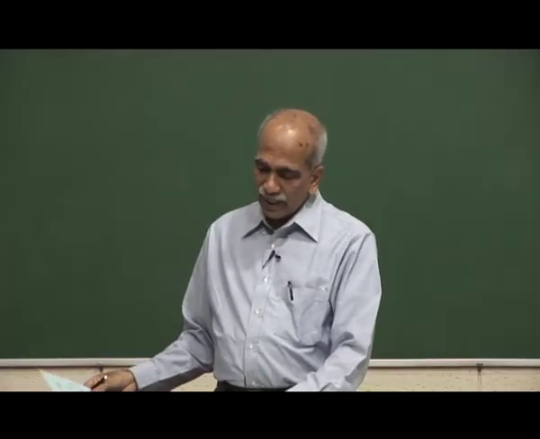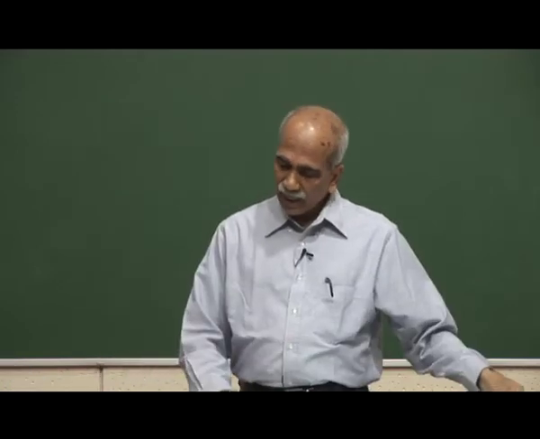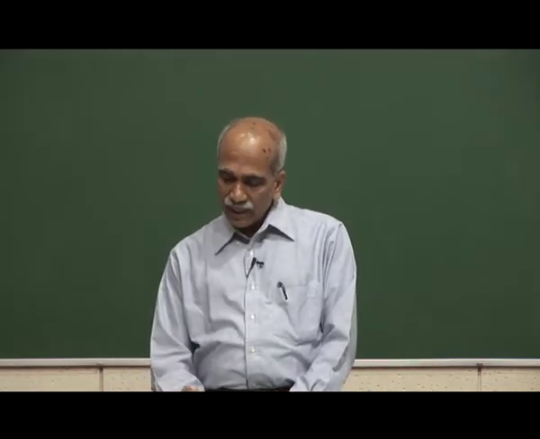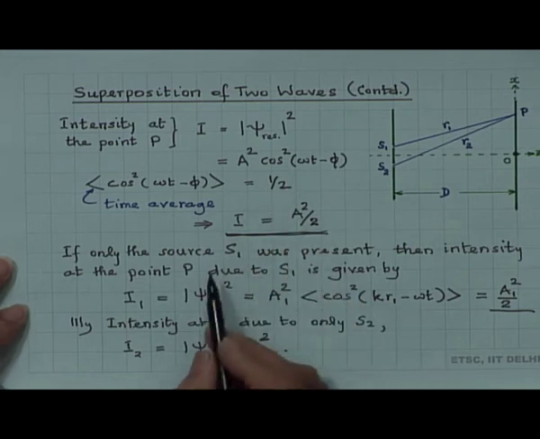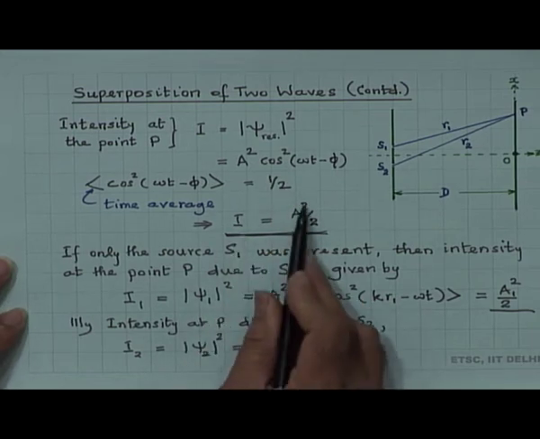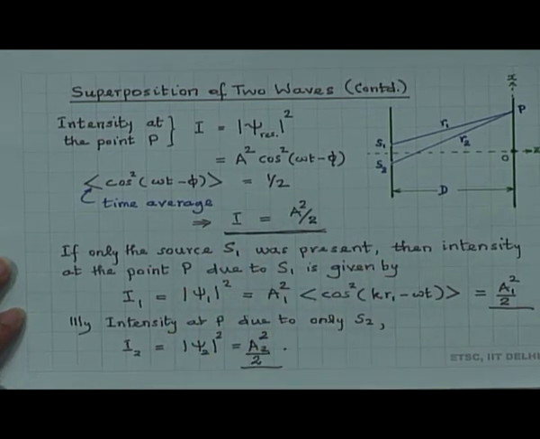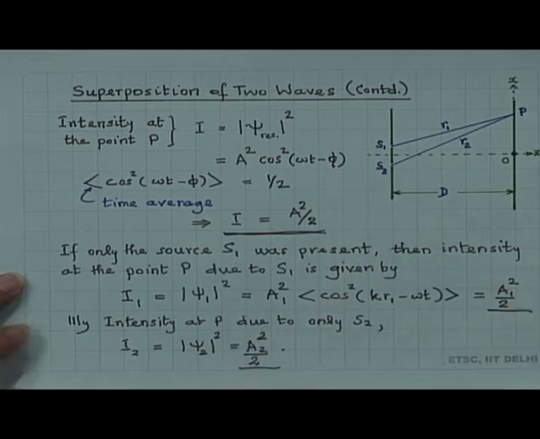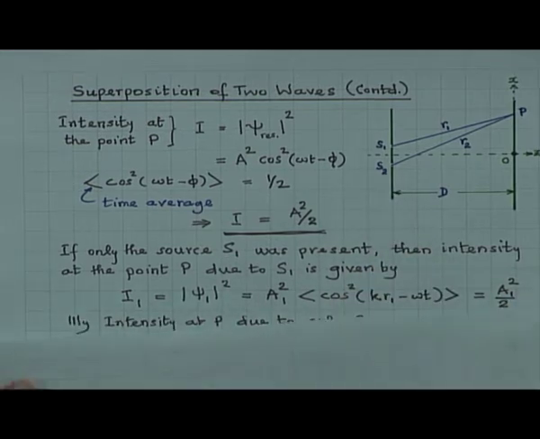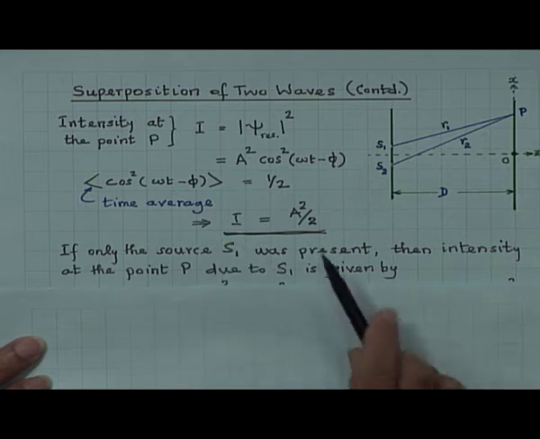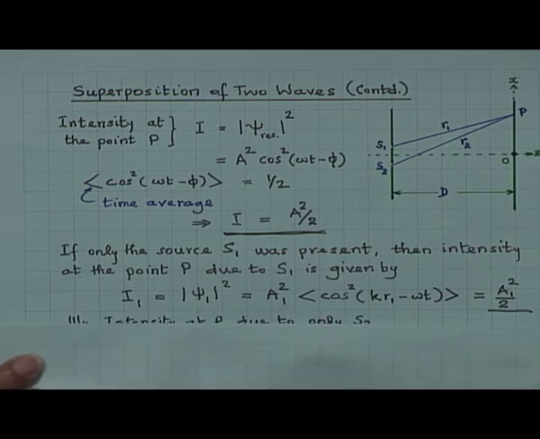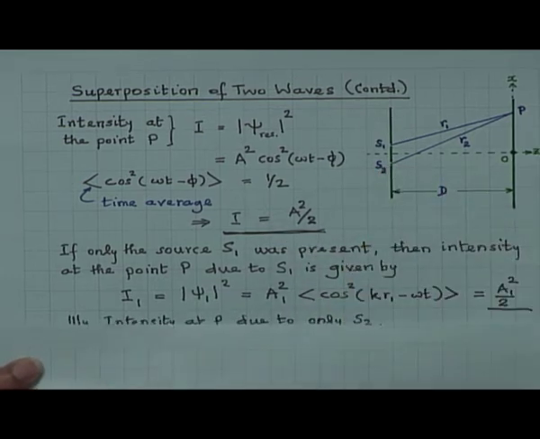So, the intensity variation here, using cos square omega t time average equal to half, gives I is equal to A square by 2, that is, A square into half. This is the resultant due to both the sources S1 and S2. If only the source S1 was present, let us say S2 was not there, then we would have got the intensity at the point P equal to mod psi 1 square.